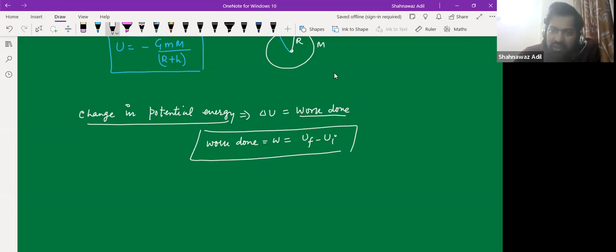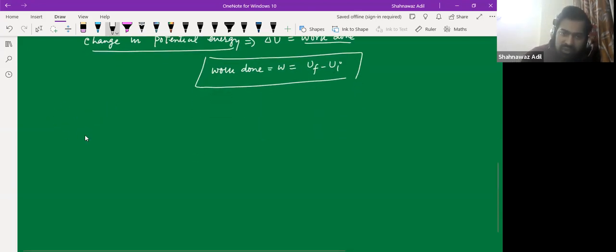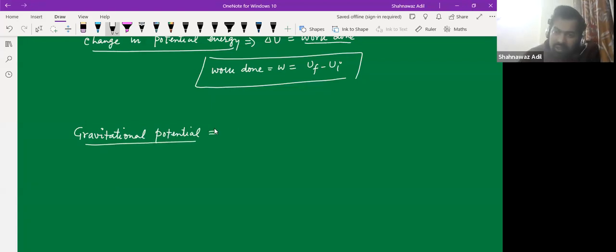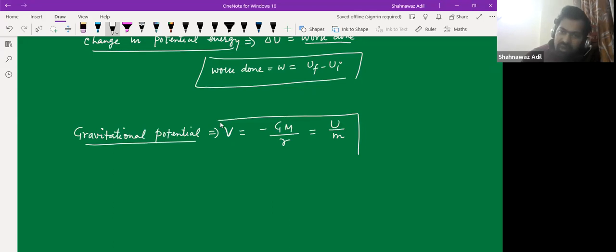And then there is another very important quantity, which is gravitational potential. This is denoted by V, and this is simply minus G M divided by R. We just divide the potential energy by the test mass, and then we get the gravitational potential.